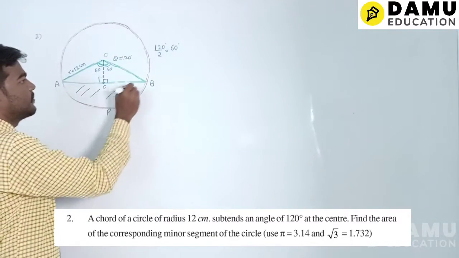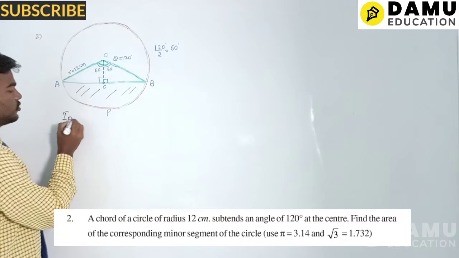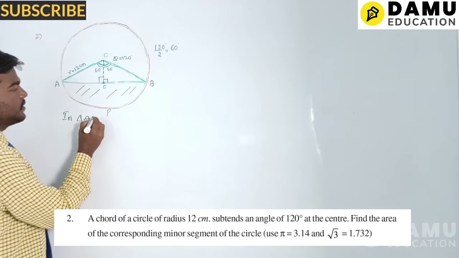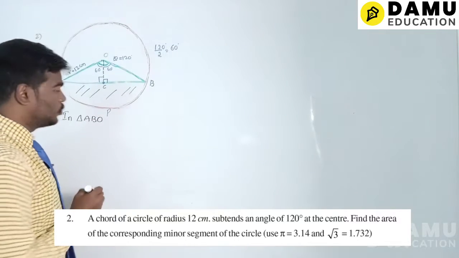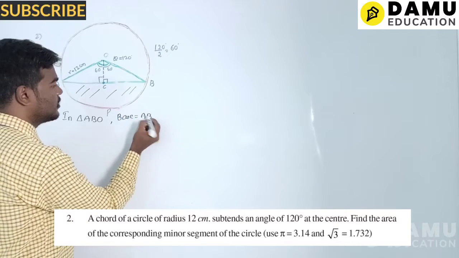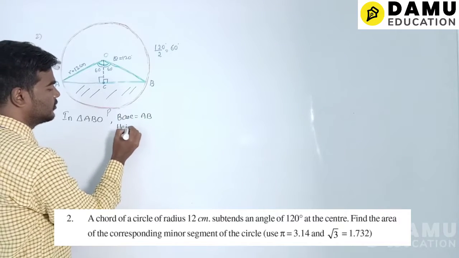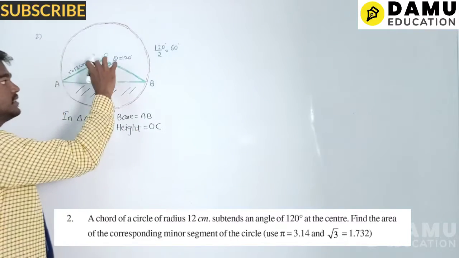This is the minor segment, the upper one is the major segment. So in triangle AOB, the base is AB and the height is OC.